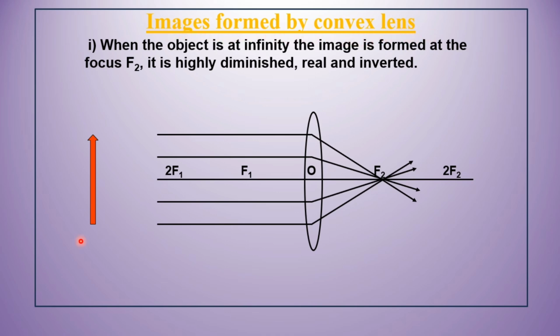Here the object is placed at infinity, so the image formed is at focus f2. This image is highly diminished, real and inverted. This is the nature and size of the image.